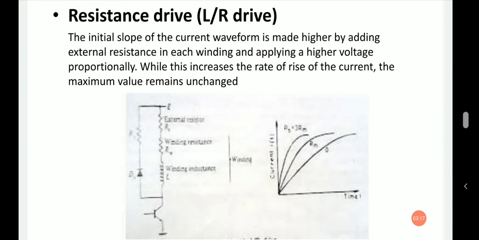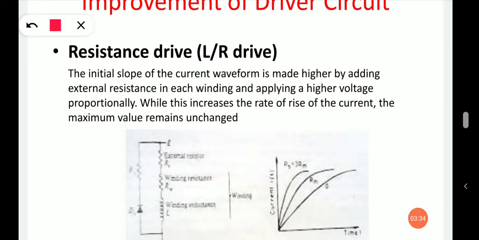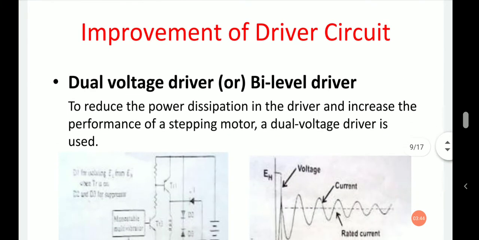Then this approach is suitable for small instrument stepper motors with current ratings around 100 milliampere. This drive is suitable up to 100 milliampere, and only when heating is not a major problem can we use this one.